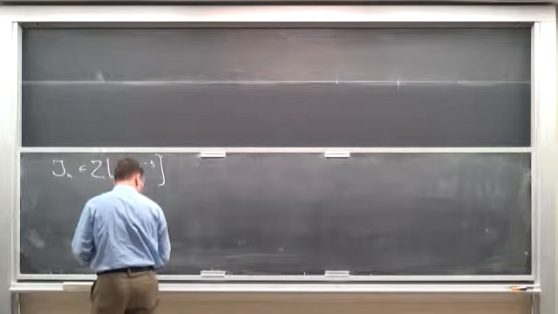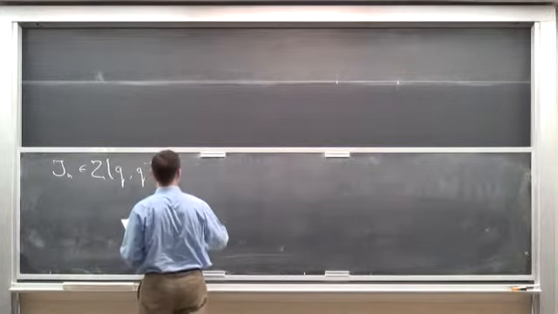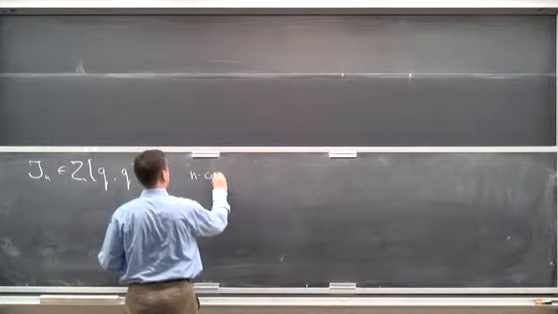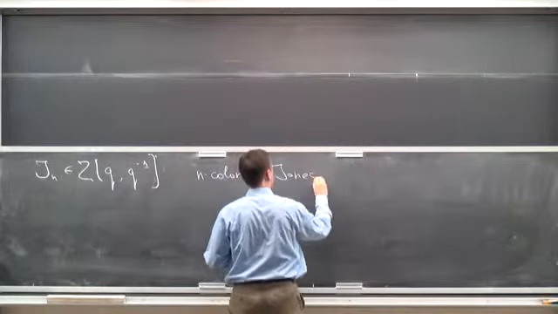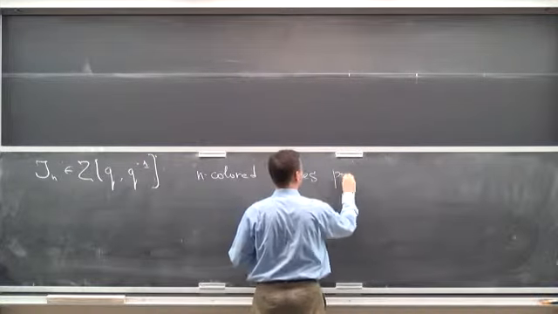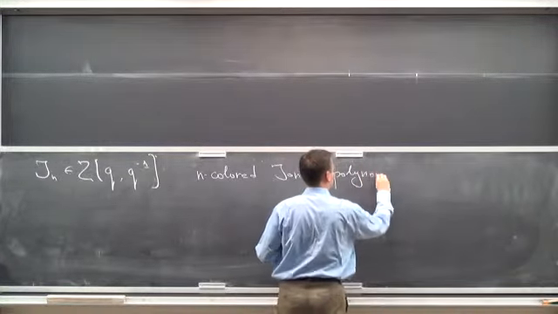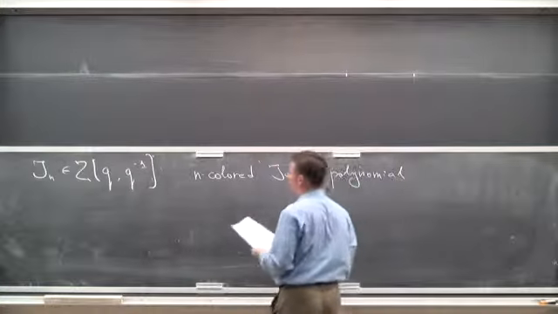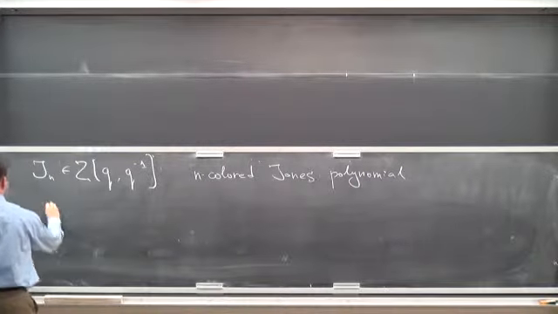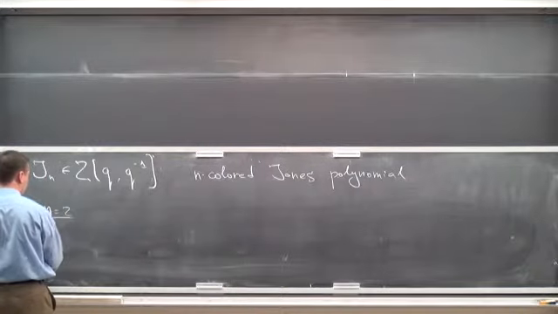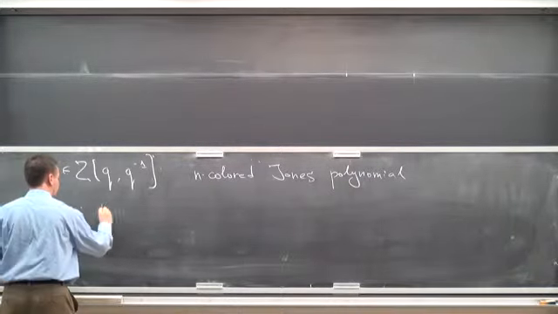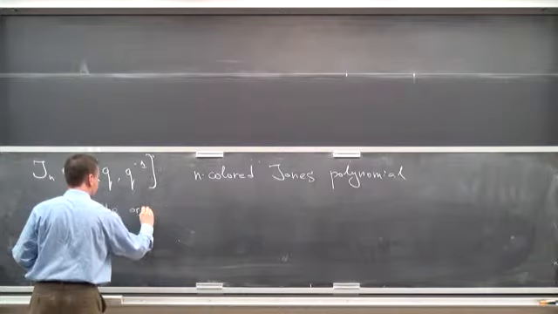And this is the so-called n-colored Jones polynomial. For n equals 2, this is the usual Jones polynomial, the ordinary Jones.